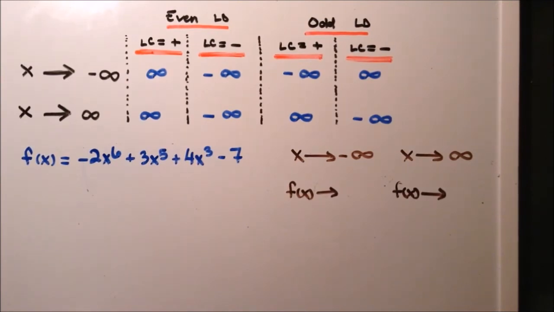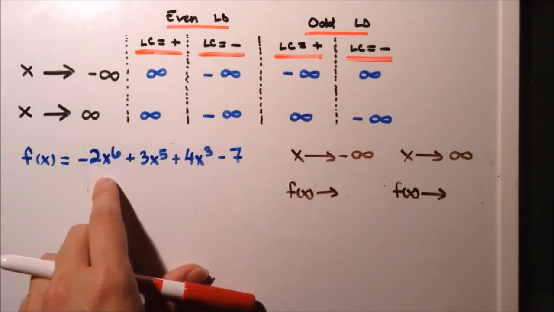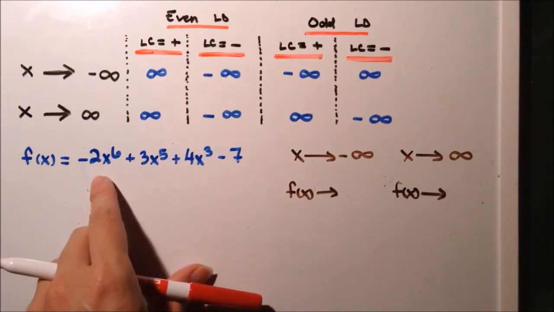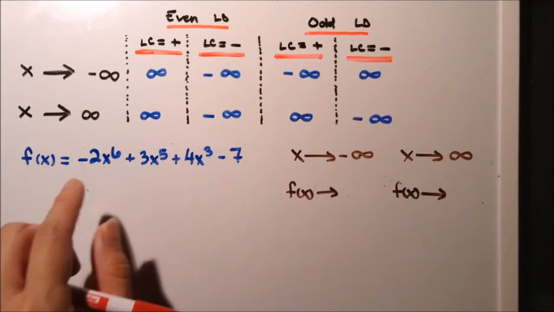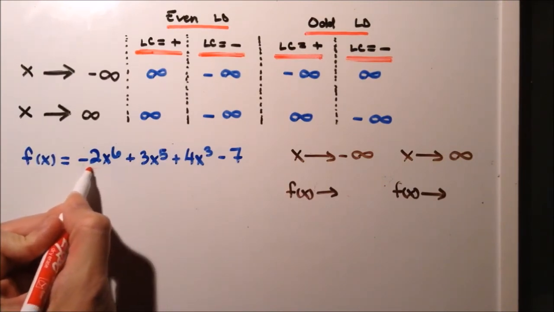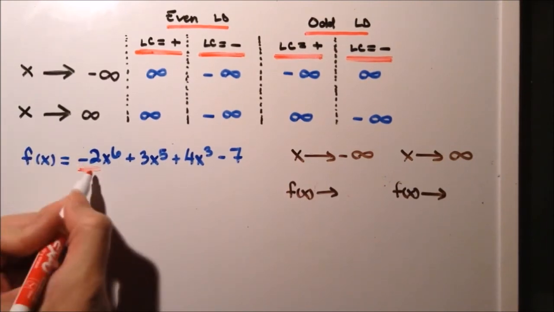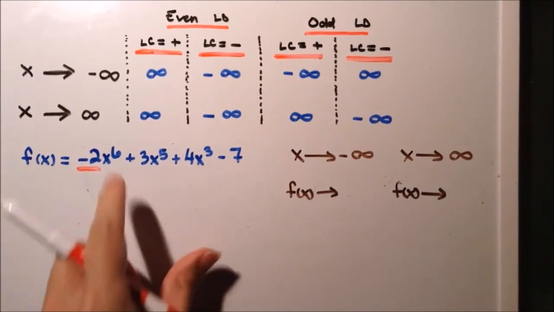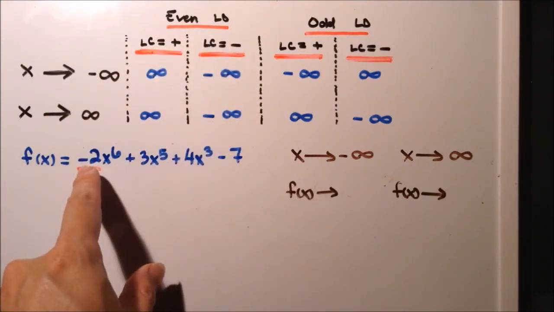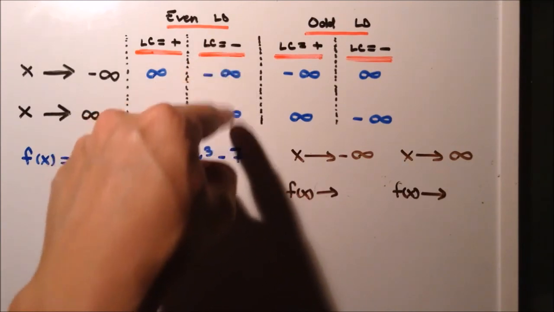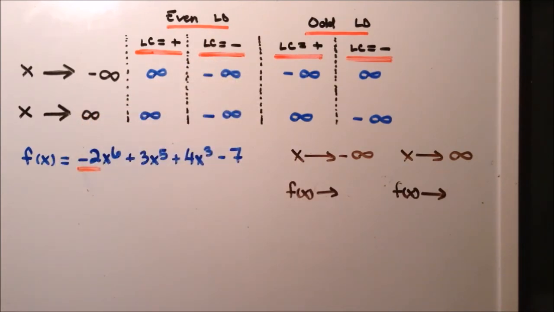For example 2, the exponents are in order from greatest to least. So we're just going to focus on this one and then look at the leading coefficient. Since the highest exponent is even, we're going to focus on this side, and the leading coefficient is negative, so these are the two end behaviors we're going to focus on.